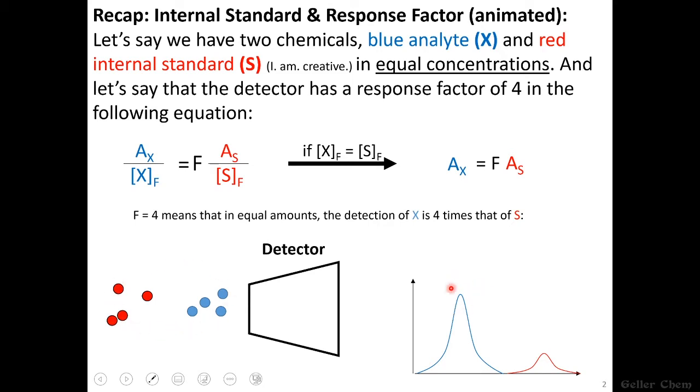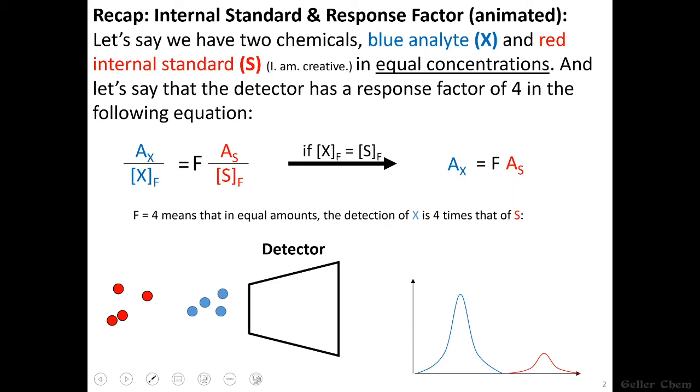However, the area of the blue species is 4 times larger than the area of the standard, despite the fact that they are present in equal concentrations. And so that agrees with this. If I plug in 4 for F, then this equation would be telling us that the area for the analyte should be equal to 4 times the area of the standard, provided that we have equal concentrations of the two.